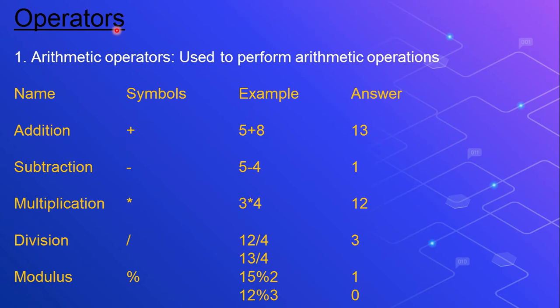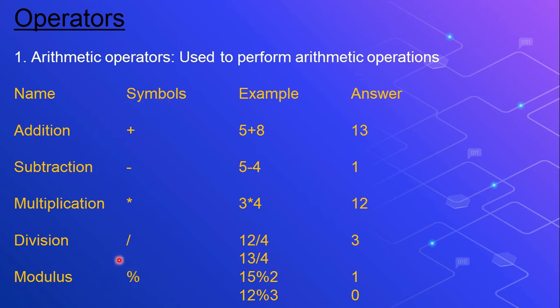First operator is arithmetic operators. It is used to perform arithmetic operations. See, doctors perform operations by using various tools. So here we need to perform operations on numbers, characters, strings, etc. So we use symbols like this.